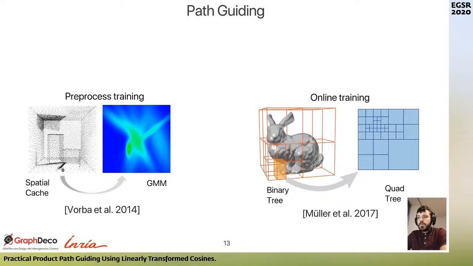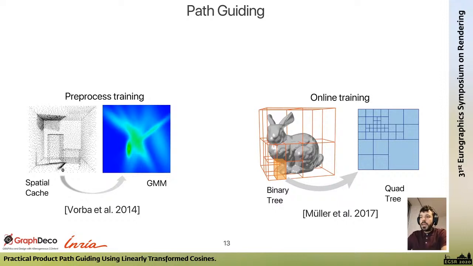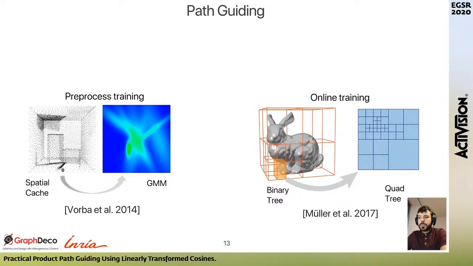On the other hand, we have the method from Muller and colleagues, which uses a binary tree for the spatial component and a quadtree for the directional component. In their case, they do the training online while rendering by splitting the sample budget into increasingly longer iterations. This method has shown to be quite efficient and practical, and is inspiration for our method.